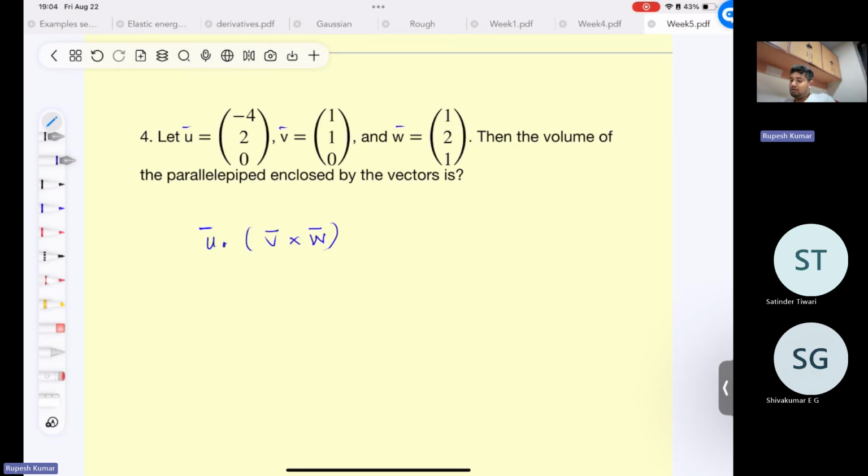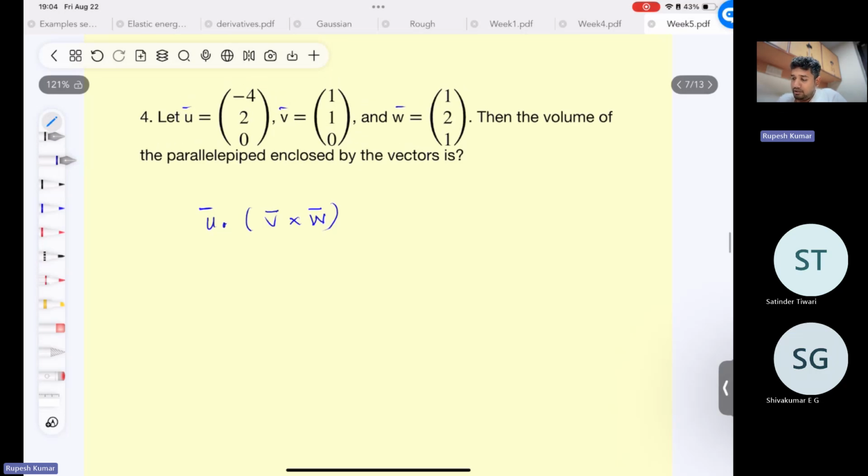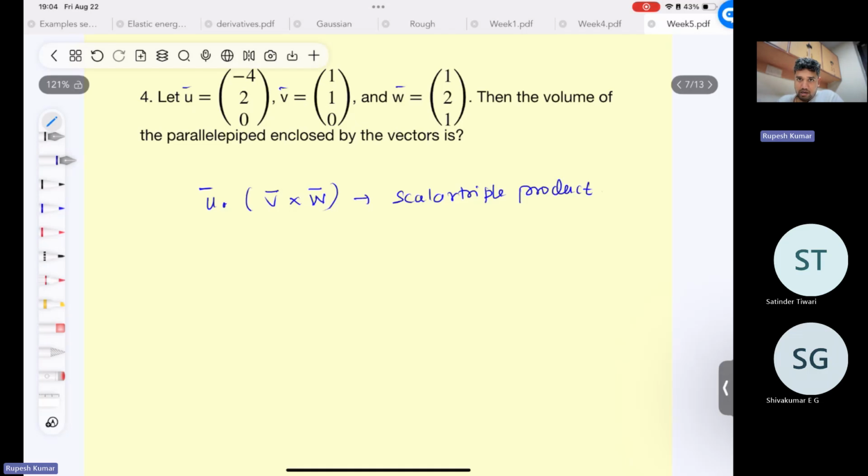This is the answer you will get if you want to find the volume of the parallelepiped. This is essentially the scalar triple product. Fine. Now, how to get to this formula?